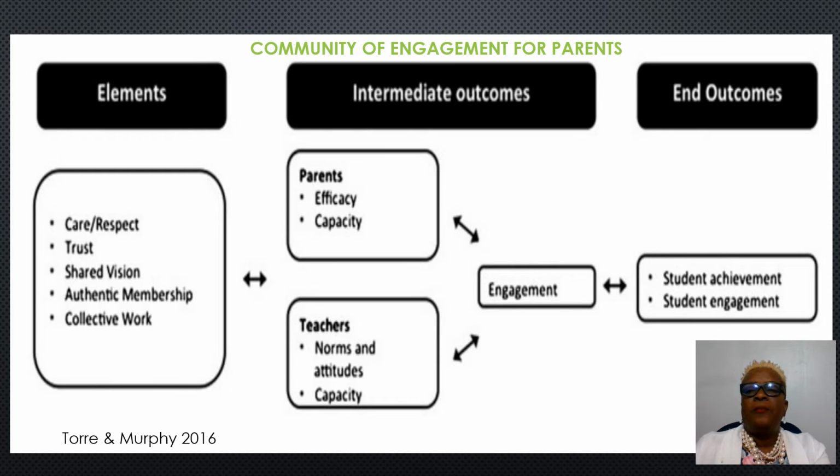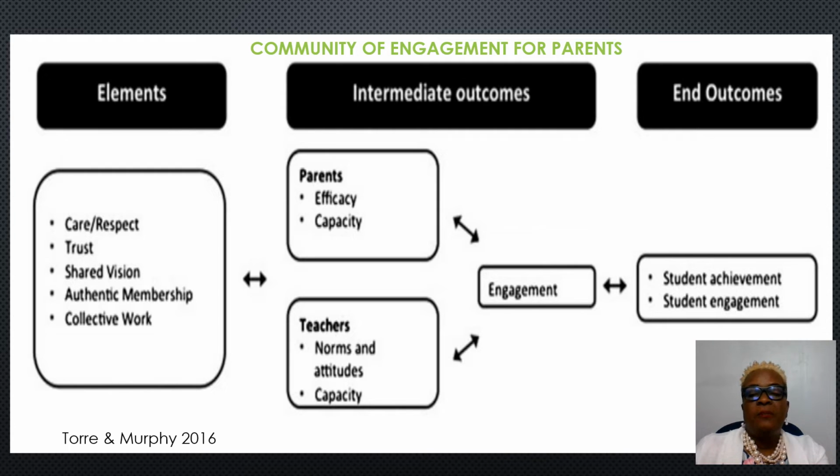In this community of engagement for parents, we have elements such as care, respect, trust, shared vision, authentic membership, and collective work. The intermediate outcomes, which are most important in this model, would be the parents' efficacy and capacity, as well as the teachers' capacity.